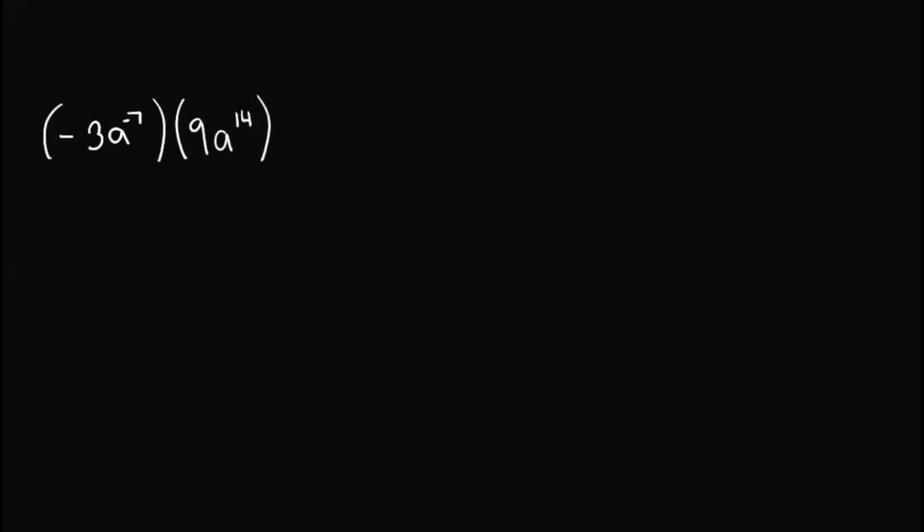So first, through commutativity and associativity of real numbers, we can write this one as negative 3 times 9 times a raised to negative 7 times a raised to 14. There. So basically, we paired out the whole numbers as well as the variables.